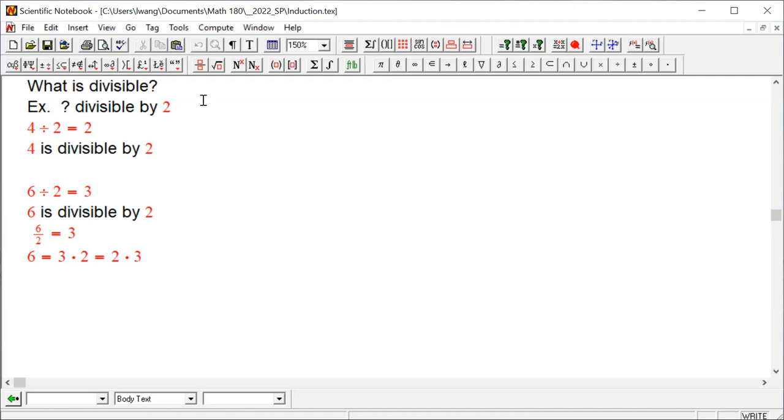So now, in general, if a number, say P, is divisible by 2, what does that mean? It means that P divided by 2 is going to equal Q, and Q is a natural number.